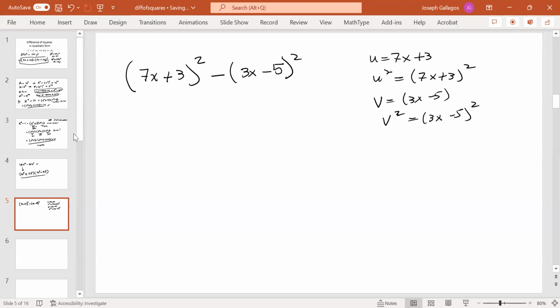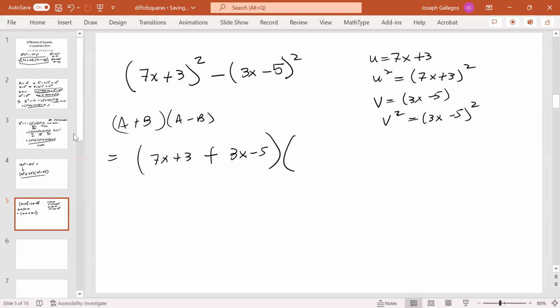And so we'll have a plus b, and then a minus b, where this time a is 7x plus 3. So we have parentheses of 7x plus 3, and then plus b, which is the 3x minus 5, end parenthesis like that. There's our first set.